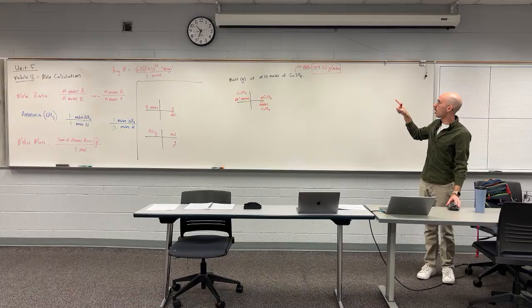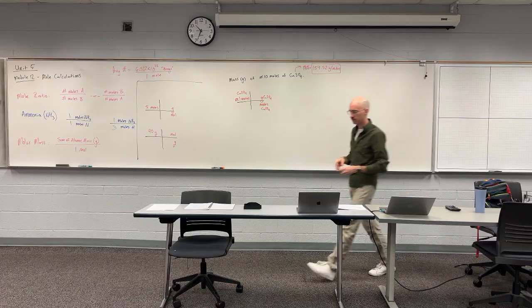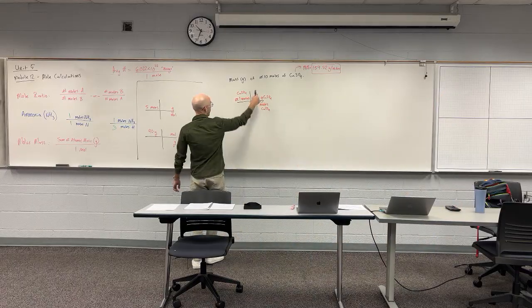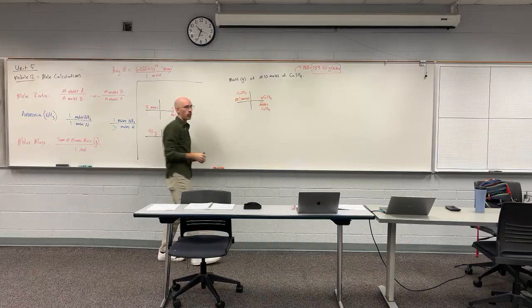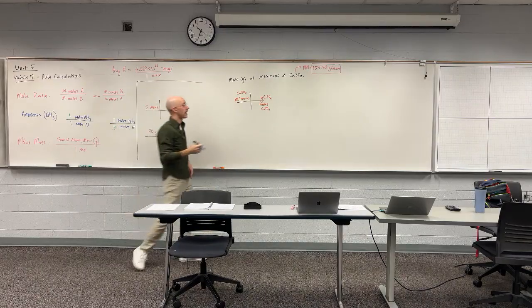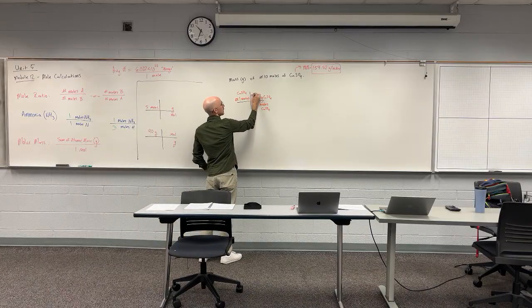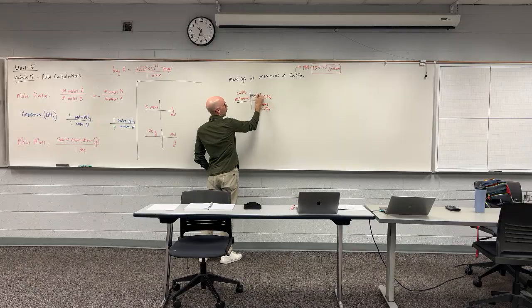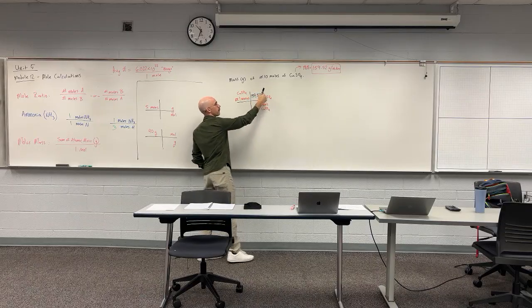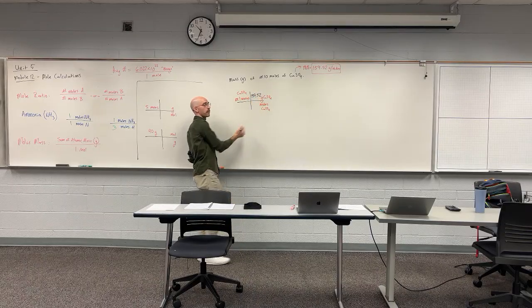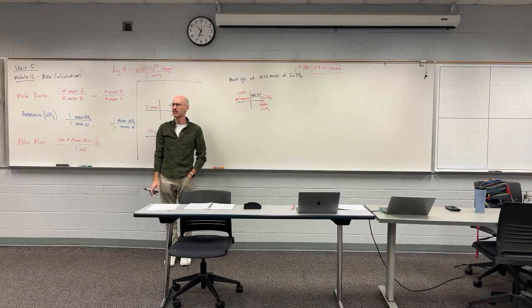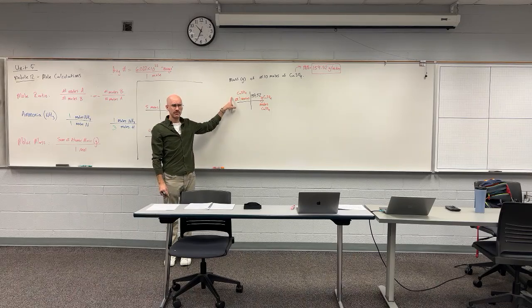Where does that number go, 159? Does that go on top with grams or on bottom with moles? On top with grams. Because it's literally saying 159.52 grams. Per how many moles? Per 0.1?